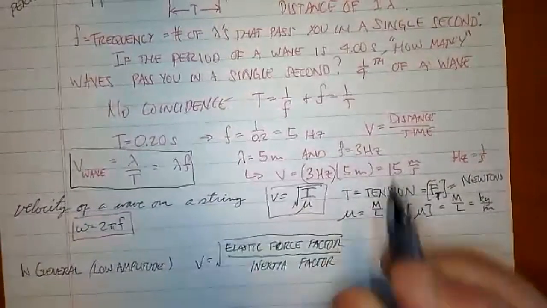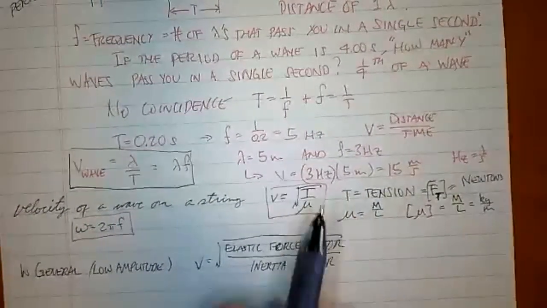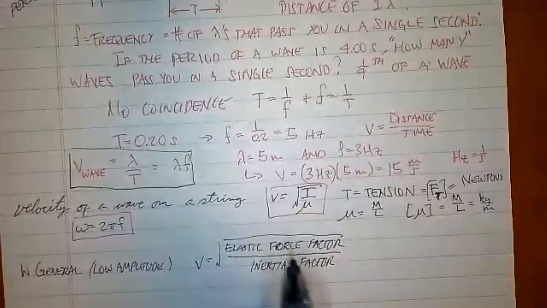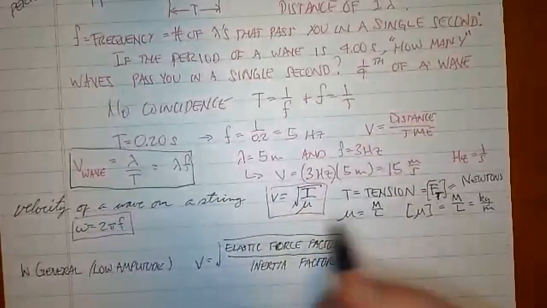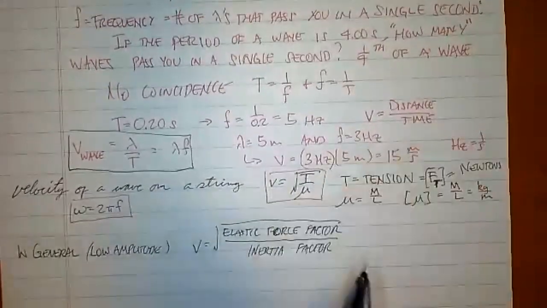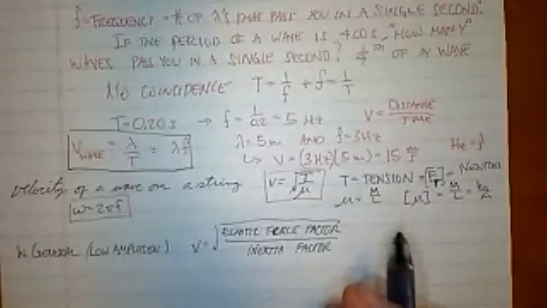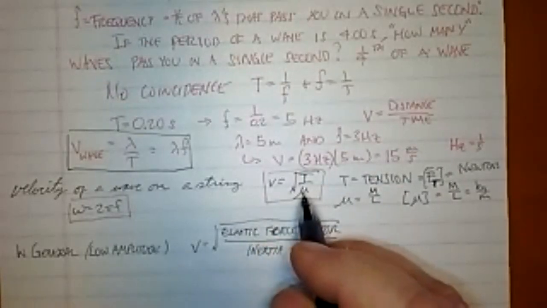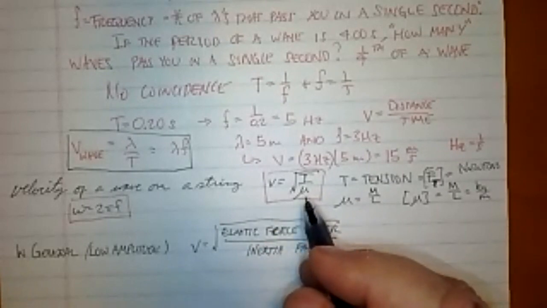So notice the tension force is a force that tends to stretch a rope or a string. So that's what we mean by elastic force factor. That is consistent with the velocity on a string. And that literally means like a guitar string. If you actually know the tension of the guitar string and you know the mass per unit length, which is the hallmark of the different strings on a guitar, whether it be a bass or whatever, some of them are thick, some of them are thin.